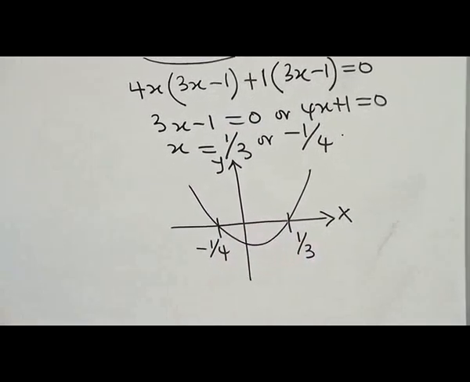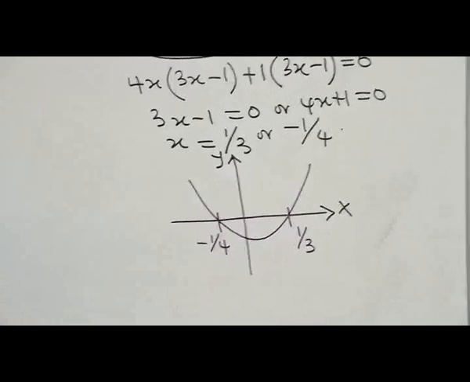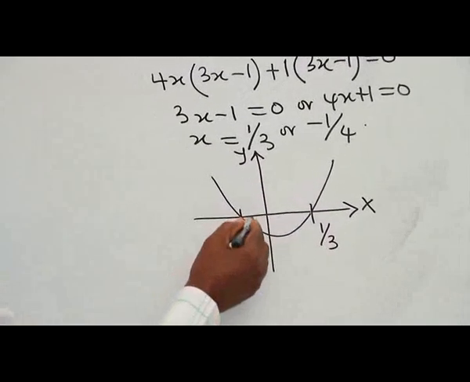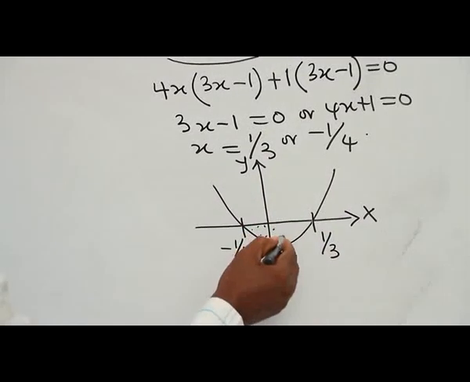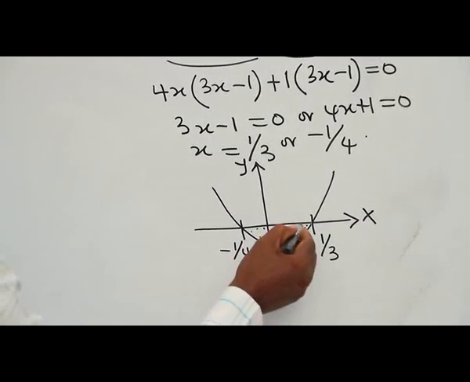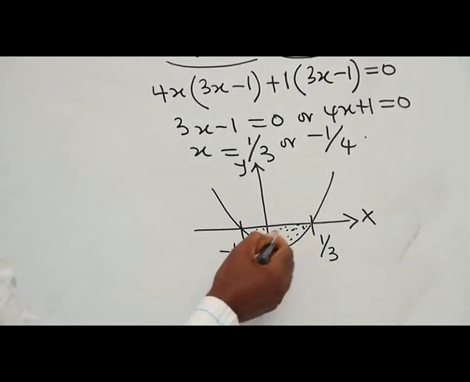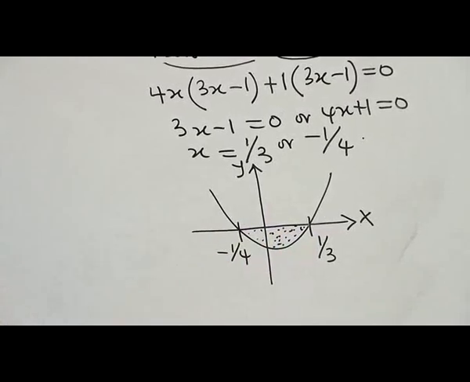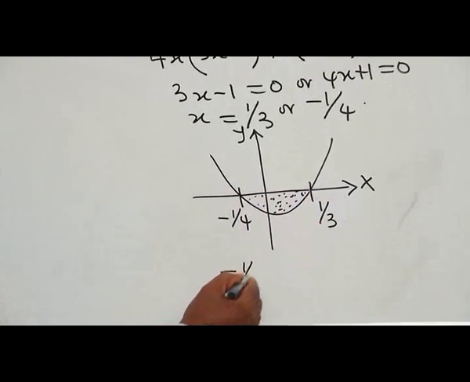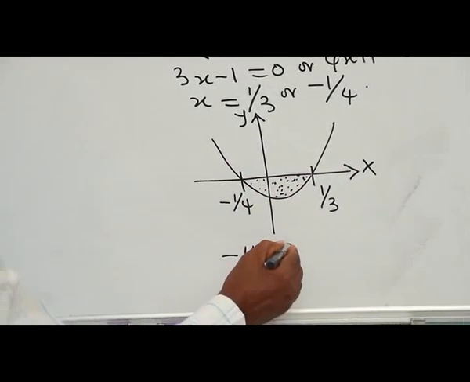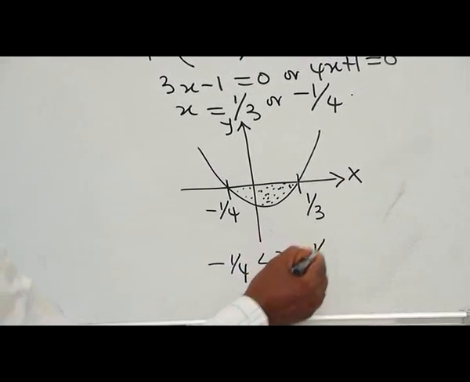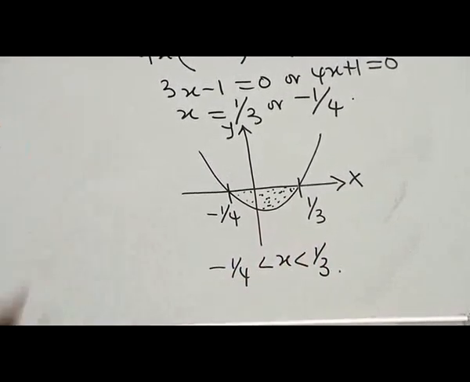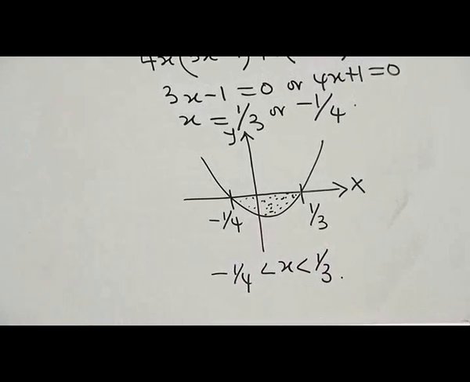Your interest is to look for the region where it is less than 0. Again, this is the region where it is less than 0. In this case, you can now write your solution: minus 1 over 4 less than s and less than 1 all over 3. You will have solved that problem without any difficulty.